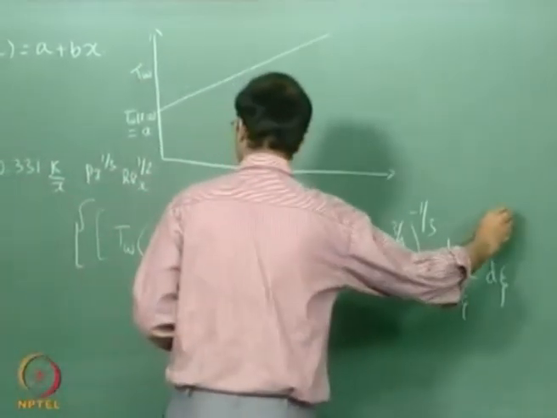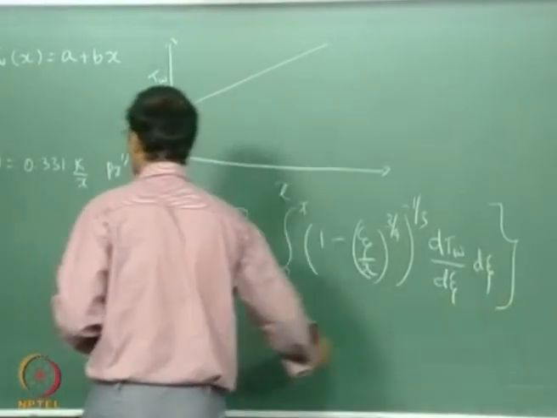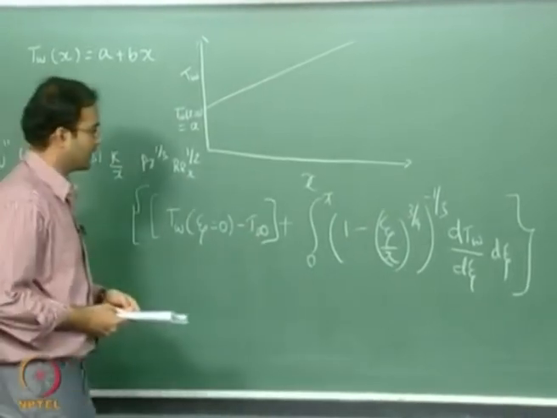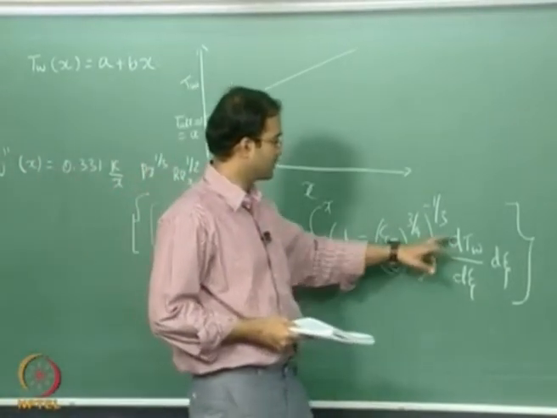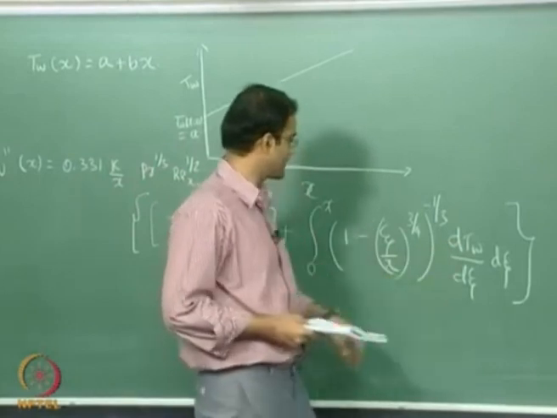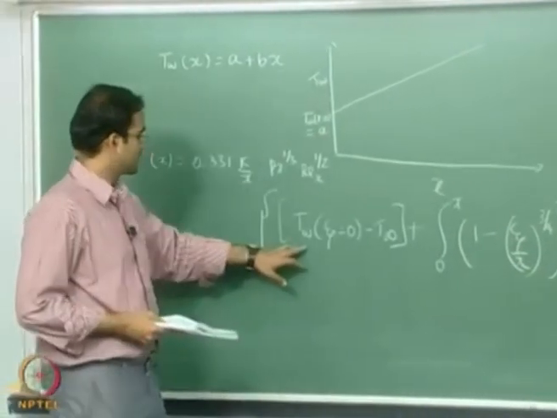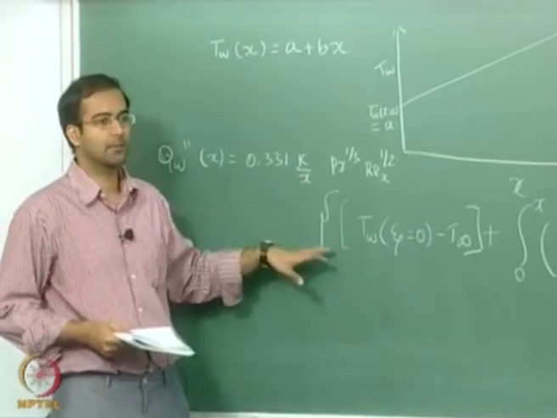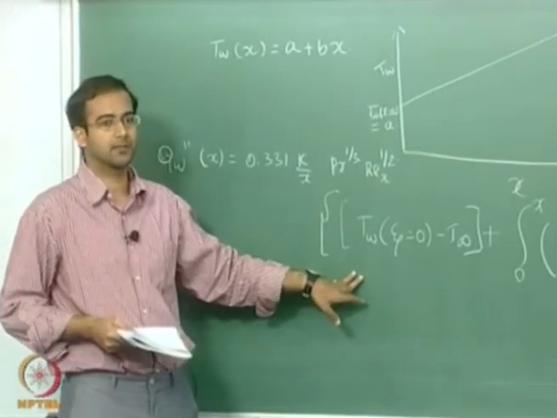Now, for the limiting case where the slope is 0, this becomes T wall minus T infinity, which is equal to the flat plate with a uniform temperature expression.